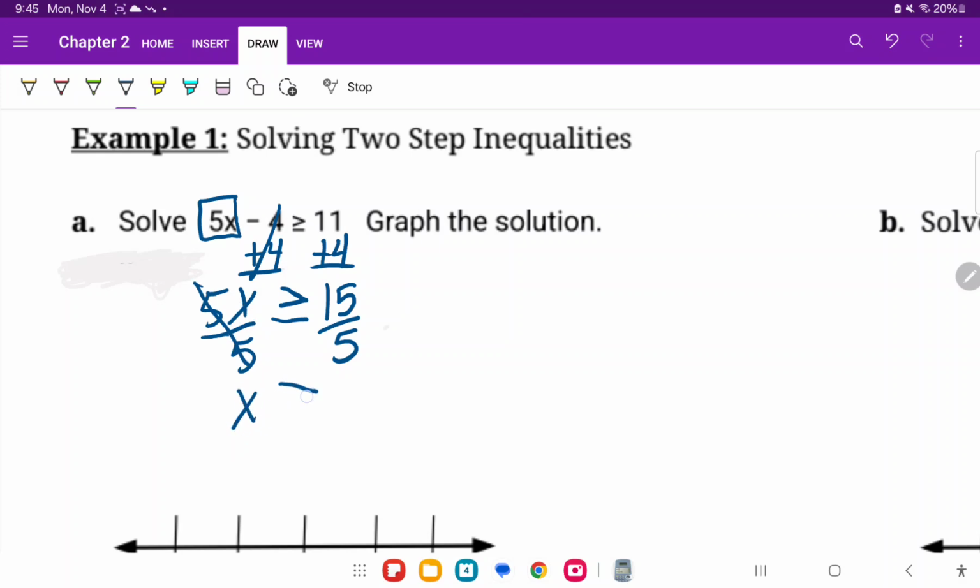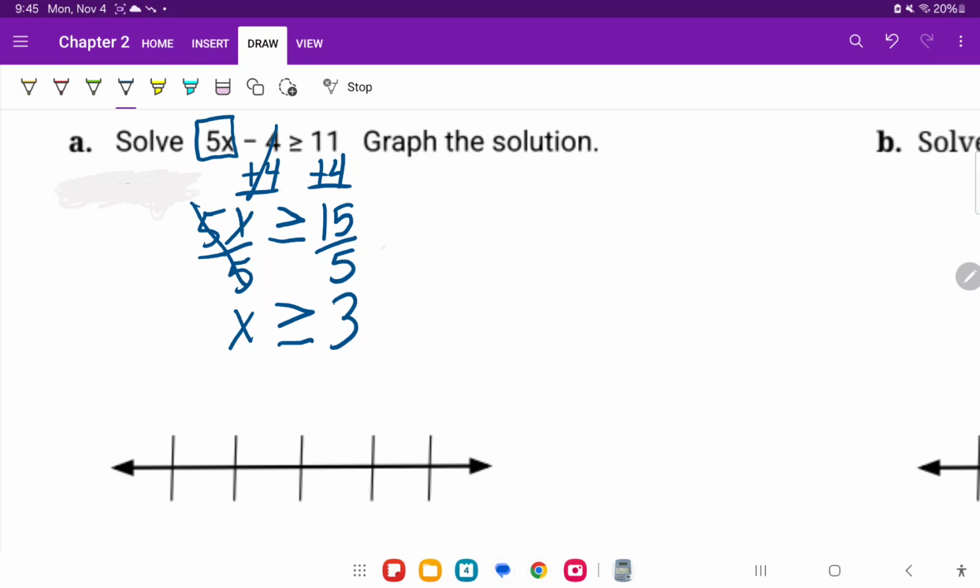So x will be greater than or equal to 3. So if we label this 1, 2, 3, 4, 5, like this, we will put a solid circle right at 3, and our arrow will be drawn to the right.